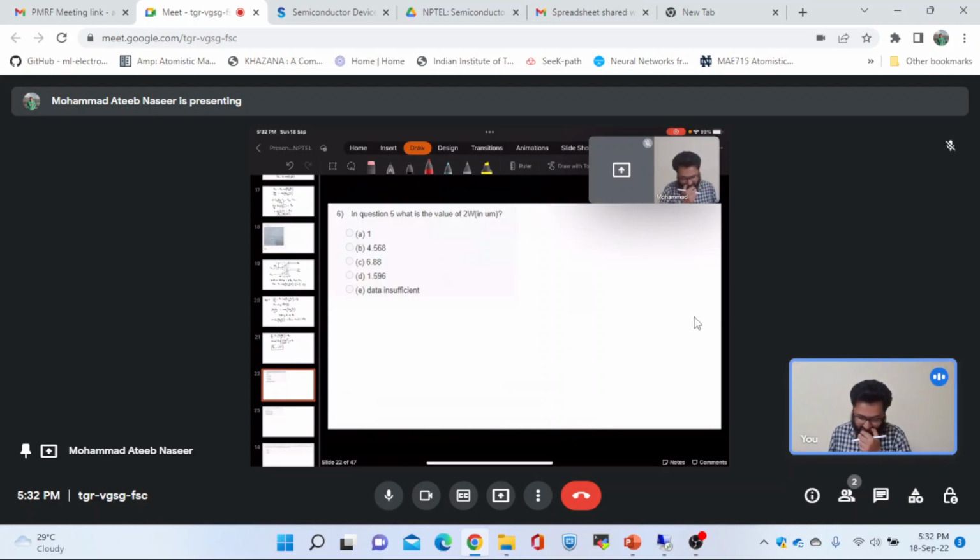Now in question 5, we have been told to find what is the value of this 2 times W. That is the depletion width that was occurring on the P and N side. Now let me draw the electric field, how it would look like as a function of the position. If this is the X, this is the field, then the field will look like this, where this is the intrinsic region.